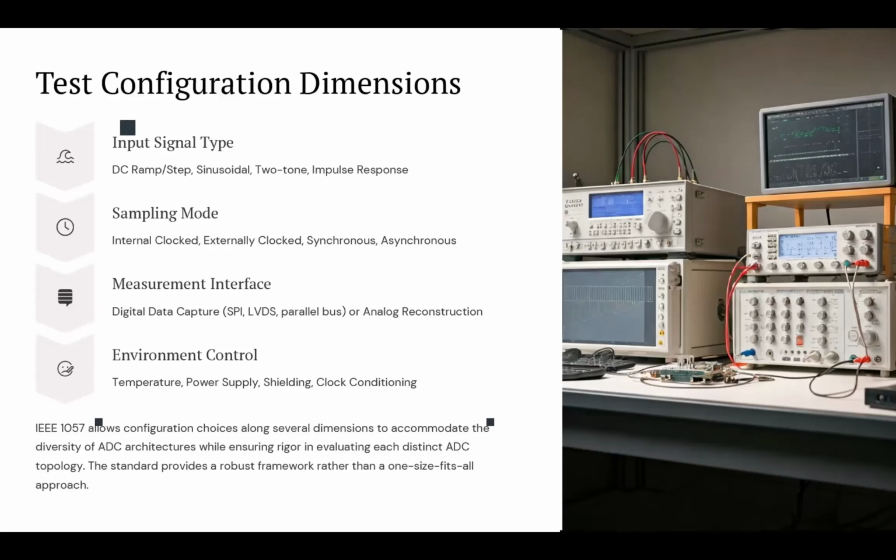Now, the third dimension is the measurement interface, which is basically how the output of the ADC is accessed and how processing happens during the test. Some ADCs provide digital data output, with interfaces like SPI, LVDS or parallel buses, which directly capture the output through data acquisition tools.